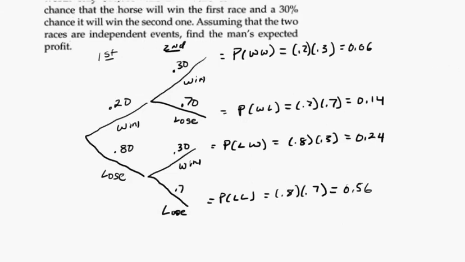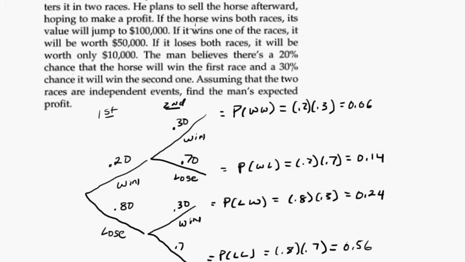Okay, so now let's go back and look at the winnings. If the horse wins both races, its value will jump to $100,000.